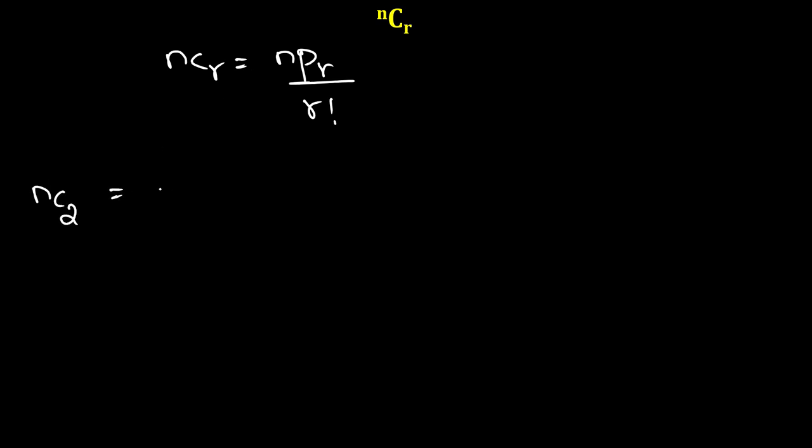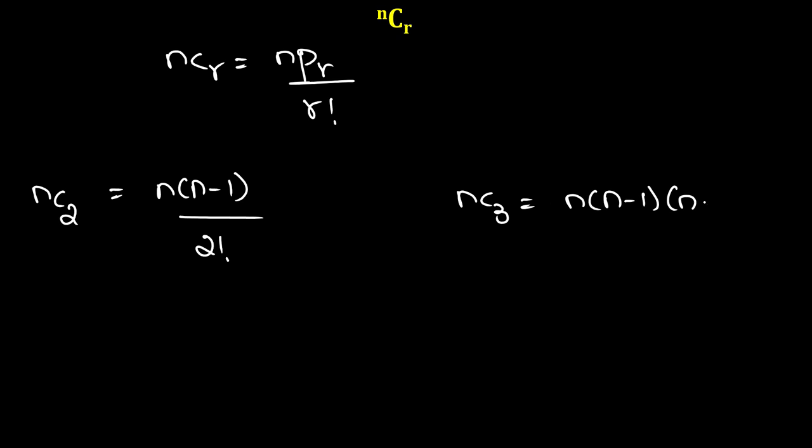It means n into n minus 1, two terms in numerator, divided by 2 factorial, that r factorial in the denominator. nC2 means two terms in numerator divided by 2 factorial. nC3 means three terms in numerator divided by 3 factorial.